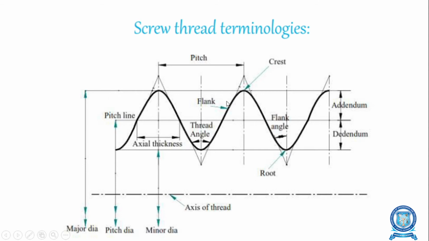And the next one is flank. Flank is the surface between crest and root. The crest we already saw as the top surface joining two sides of the thread. The flank is the surface between the crest and the root.